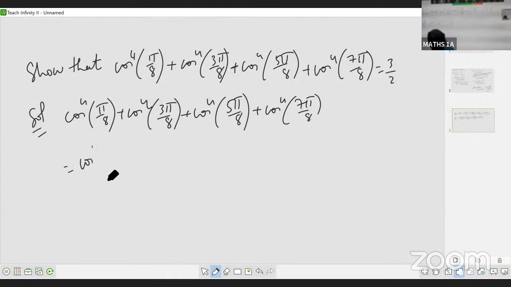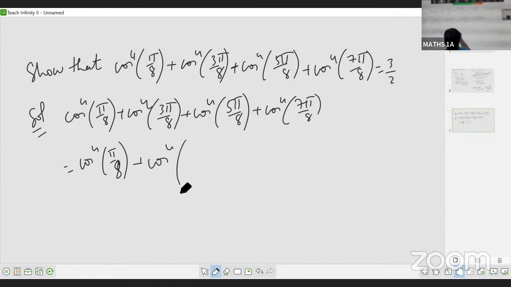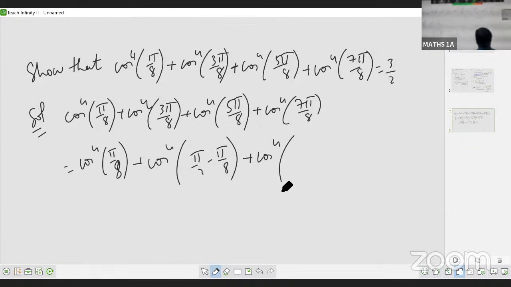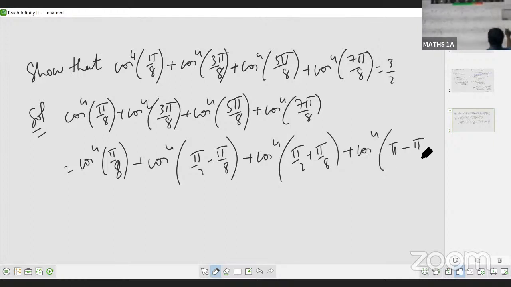Now, cos power 4 pi by 8 is okay, plus cos power 4 3 pi by 8, we are going to write 3 pi by 8 as pi by 2 minus pi by 8. If you want, you can check it. Cos power 4 5 pi by 8, you write it as pi by 2 plus pi by 8, and cos power 4 7 pi by 8 as pi minus pi by 8.